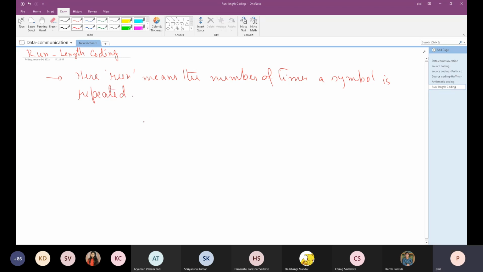Thereafter, the symbol along with its run, that is the number of times it is repeated, both are stored.